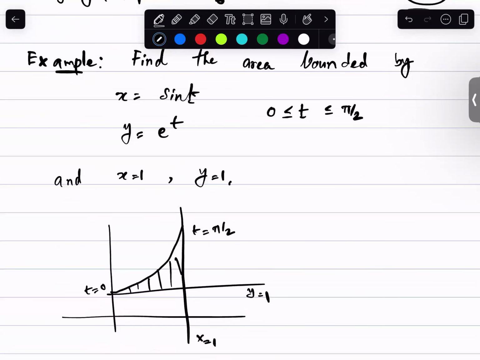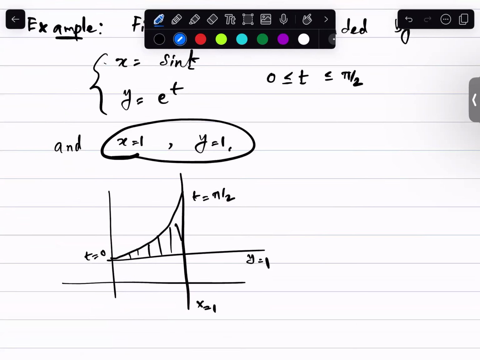The next example is you have to find the area bounded by this parametric curve and these two lines. So if I draw the parametric curve, then it will be like this. This is the parametric curve, and this is x equal to 1, and this is y equal to 1.